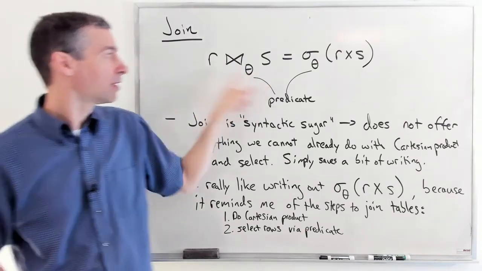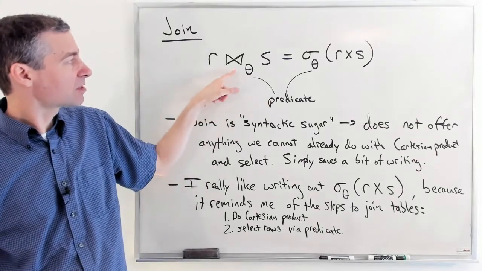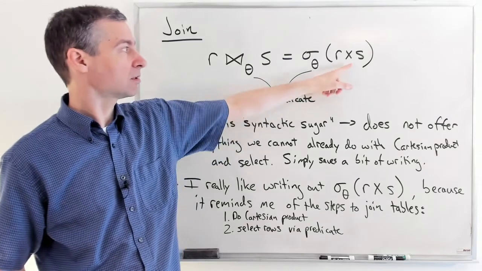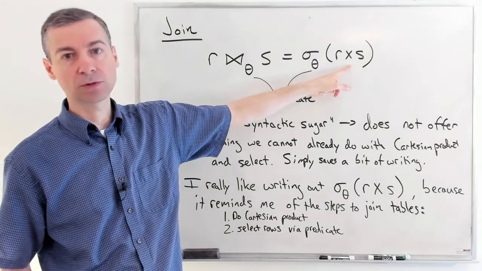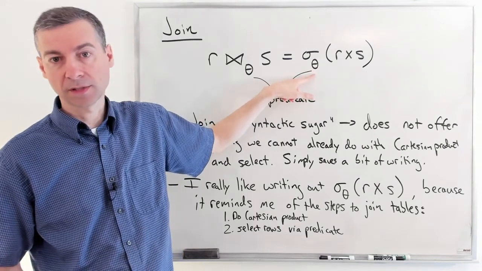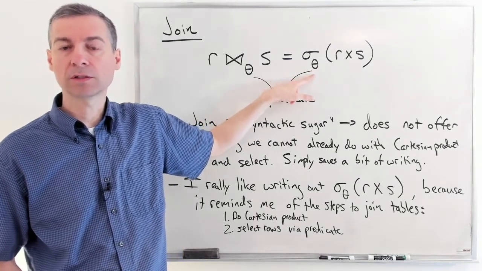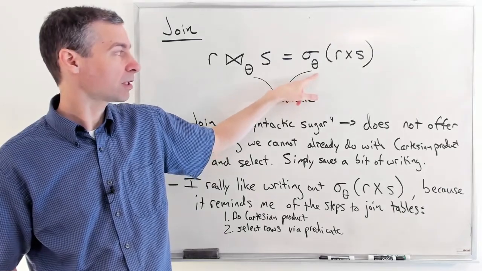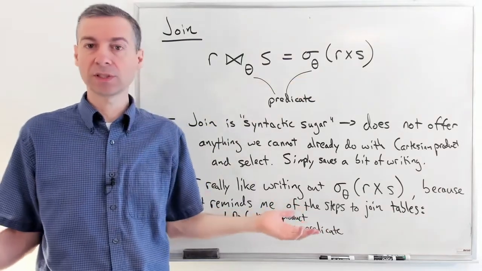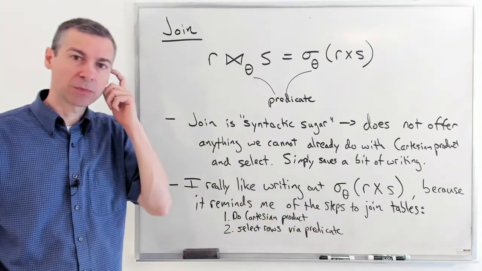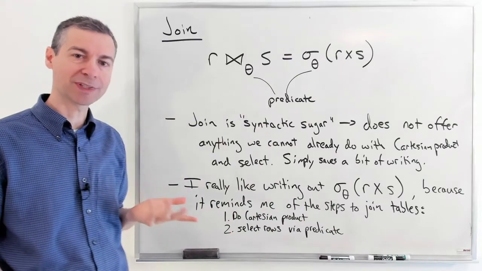R and S. So this is a cool symbol, but all it means is to do a Cartesian product of the two relations, then select which rows you want to have in the final result with your predicate here. Pretty simple. You'll see this in computer science, people talking about this with programming languages.